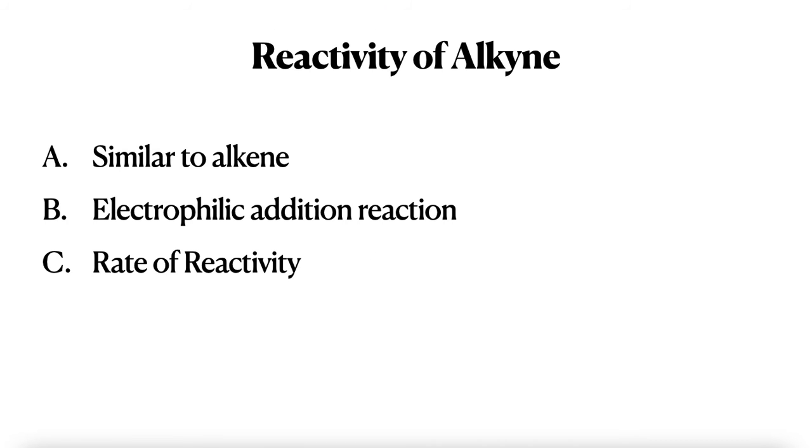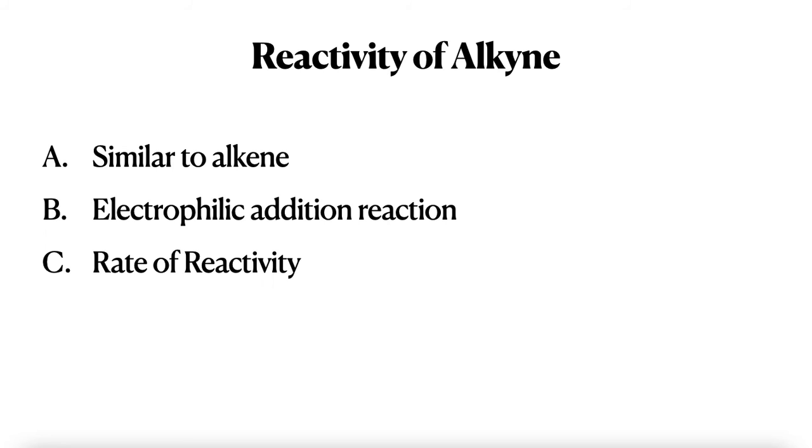When we compare with alkene, the doubly bonded compound contains sp2 hybridized carbon atoms, which have 33 percent s character.